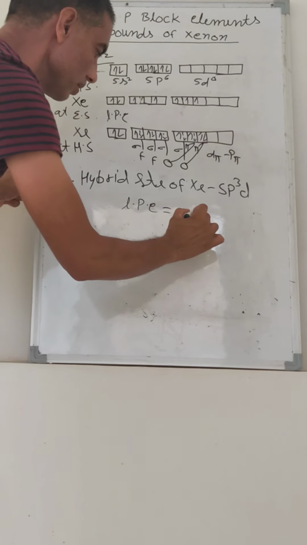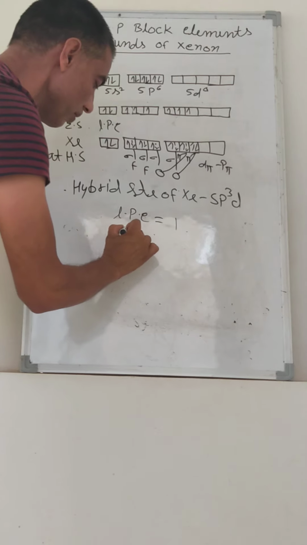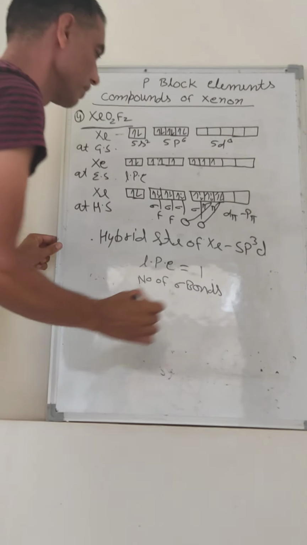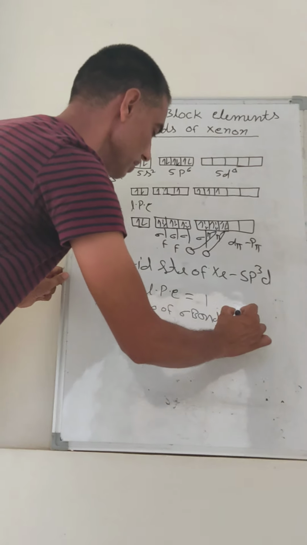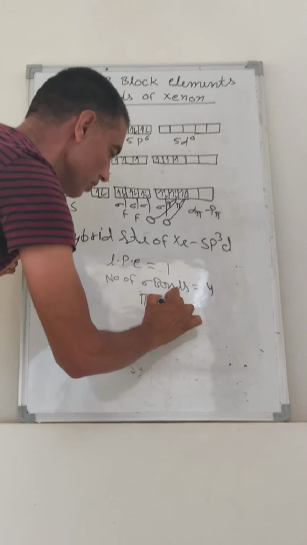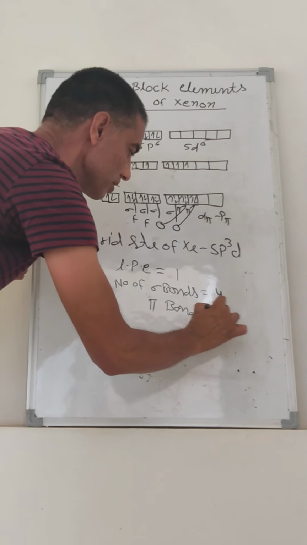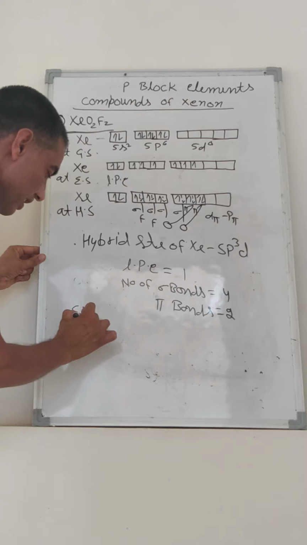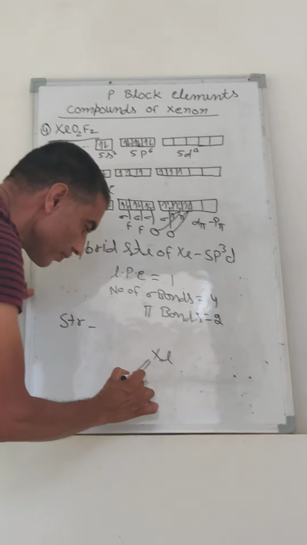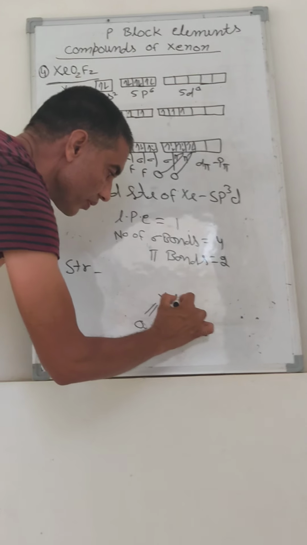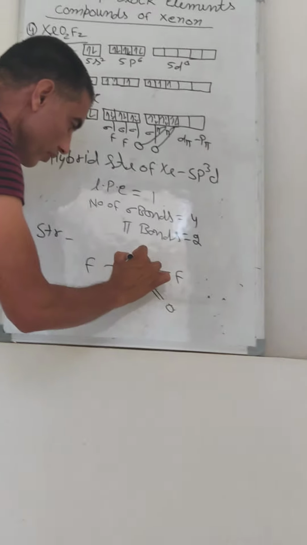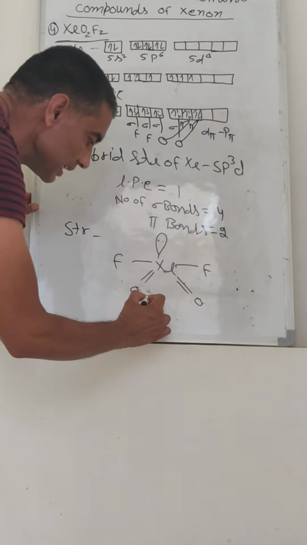The number of sigma bonds is equal to 4, and the number of pi bonds is equal to 2. Their structure is given as see-saw.